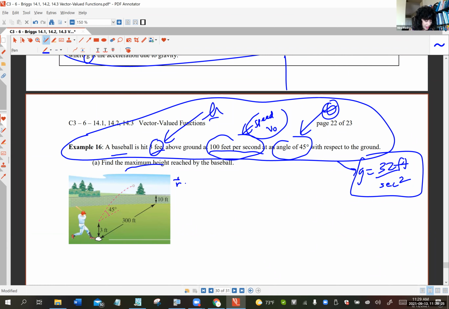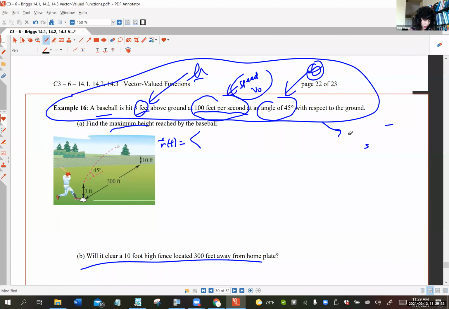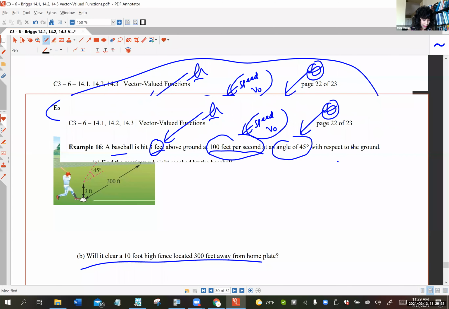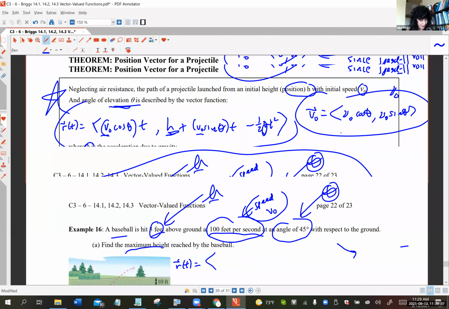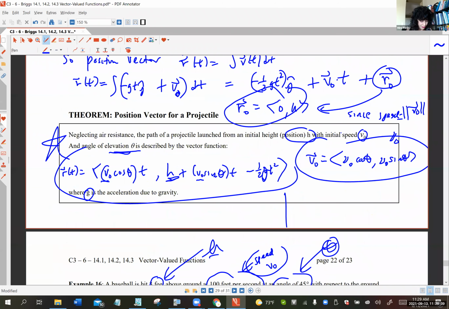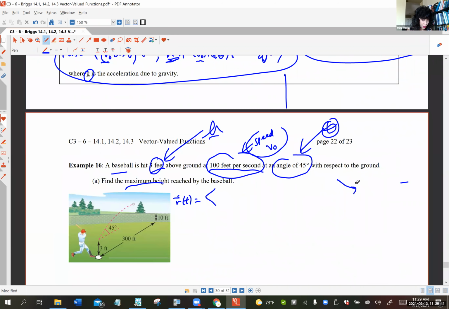So r of t for us is going to be a vector. So write it down. You want full credit. Let me just put my little brackets here. So if you look at the theorem, you're going to have 100 cos 45 degrees, whatever that number is, times t, comma.